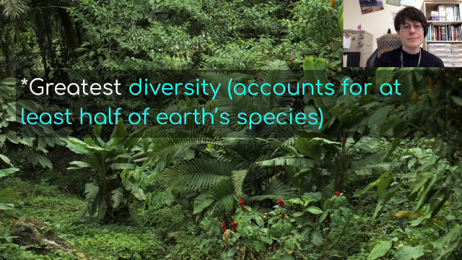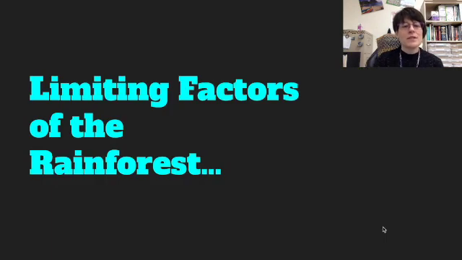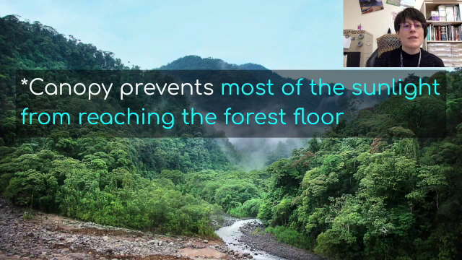Some of the limiting factors of the rainforest include the canopy preventing most of the sunlight from reaching the forest floor. And as we can see here, the trees are very thick. So there aren't a whole lot of shrubs or anything living on the forest floor unless it's close to a riverbank type area. A lot of the life actually lives up in the canopy.